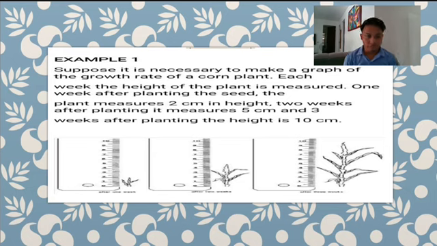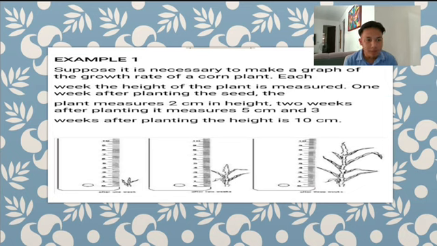Here is the example. Measuring the growth of a corn plant, the result can be plotted on a graph. The time in weeks will be indicated on the x-axis, where 2 centimeters on the axis represent 1 week. The plant height in centimeters will be indicated on the y-axis, where 1 centimeter on the axis represents 1 centimeter of plant height.